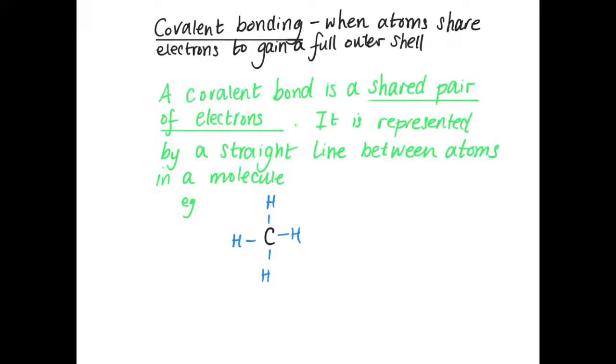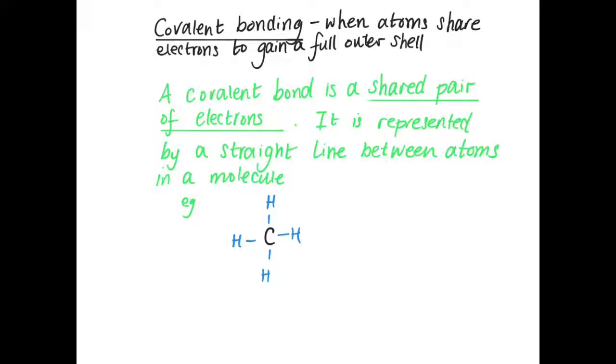So covalent bonding is when atoms share electrons to gain a full outer shell. It only happens between non-metals, and a covalent bond is a shared pair of electrons. It's represented by a straight line between atoms in a molecule.